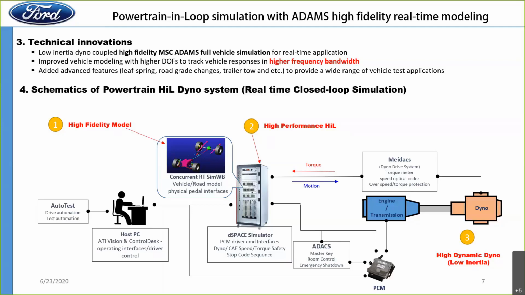The third innovation and challenge is that we have to include the leaf spring and the mapping of road grade change, and we have to develop the virtual proving ground to prove out a wide range of vehicle test applications to replicate the current procedure.